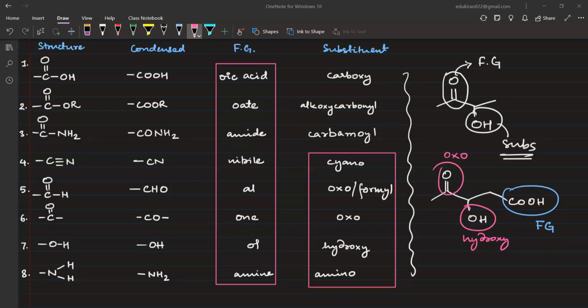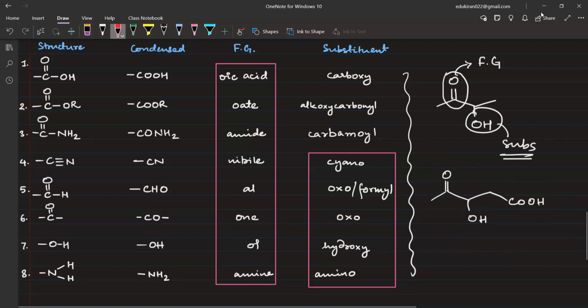Sir, how do we know which is the functional group and which is the substituent? No, this is a priority order. First, fourth, fifth. Basically, what you need to identify is which groups are present. So what are the groups present here? Here we have ketone, OH, and COOH. Correct.